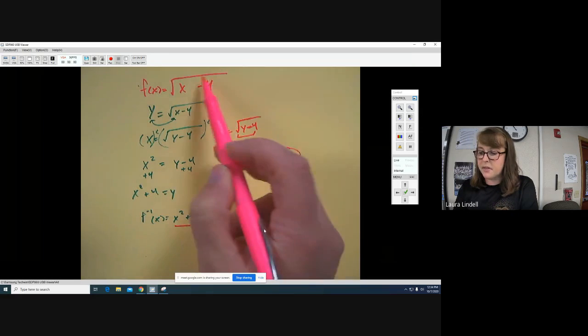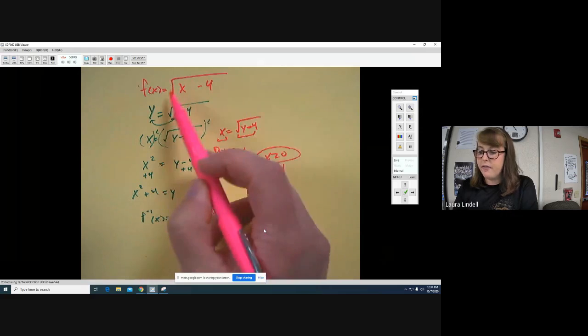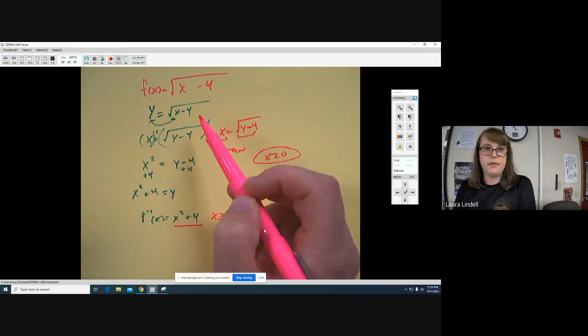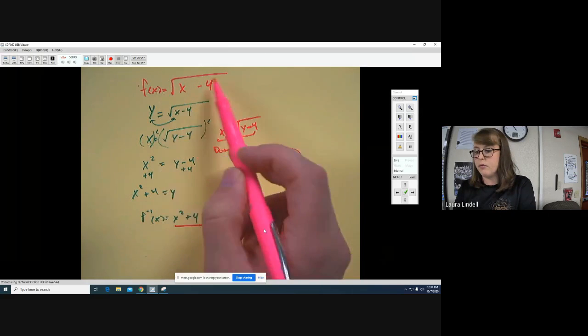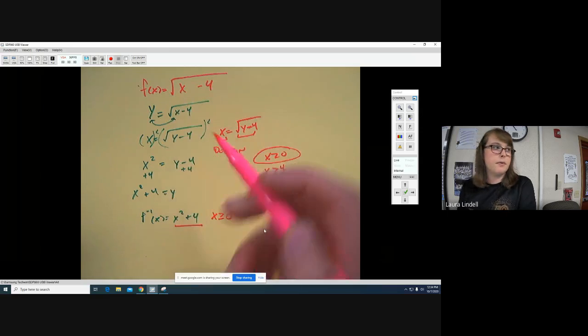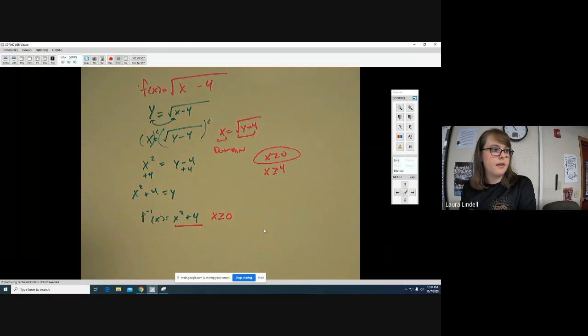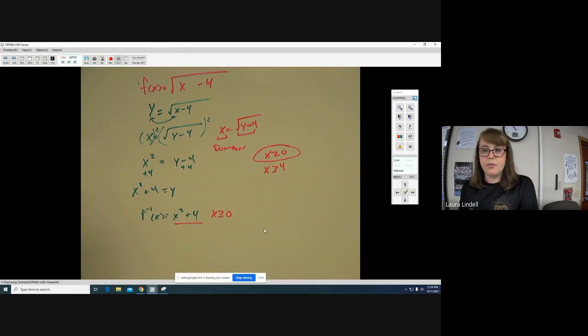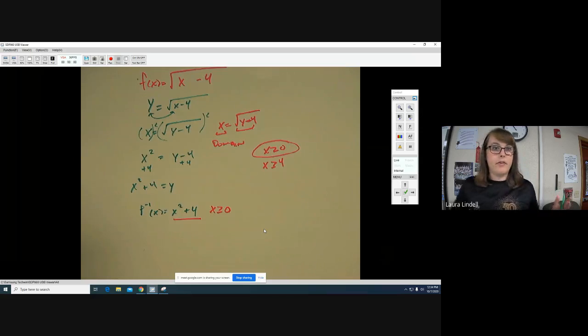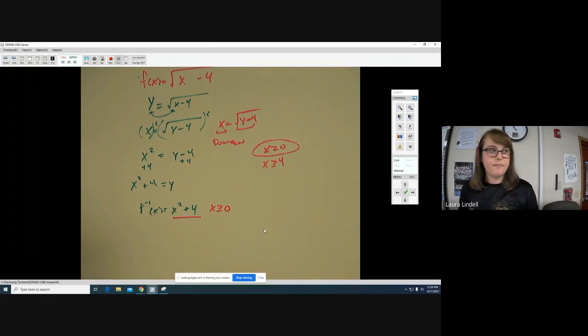So anytime you have something like this, the domain of your inverse is going to be greater than or equal to 0, if it's a square root with everything underneath the square root. All right, so that's one kind of example working with domain here.